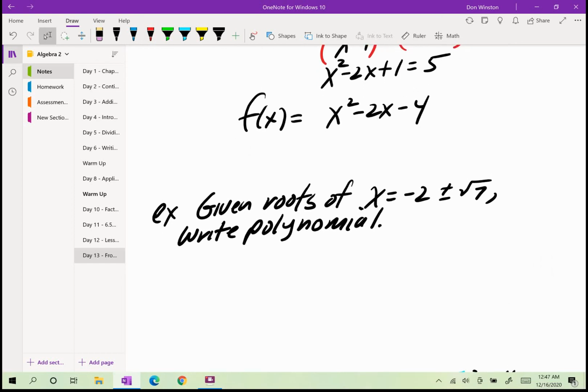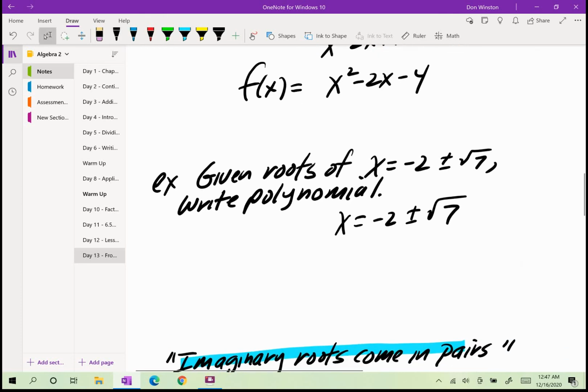So given roots of x is equal to negative 2 plus or minus root 7, I want to write a polynomial. So I'll start: x equals negative 2 plus or minus root 7. So add 2. So I'll have x plus 2 equals plus or minus root 7.